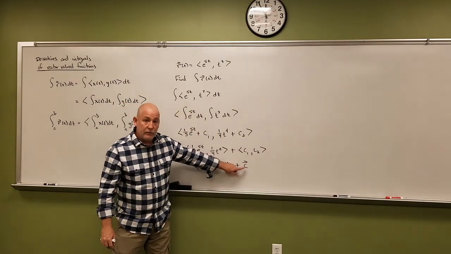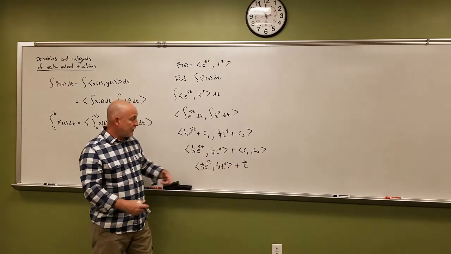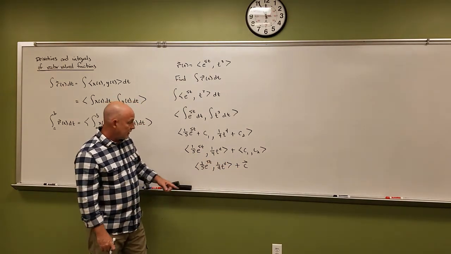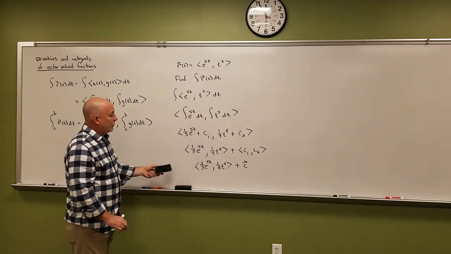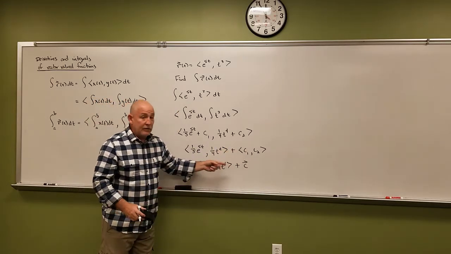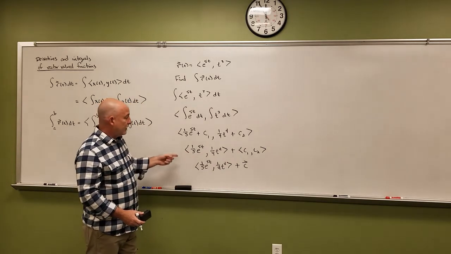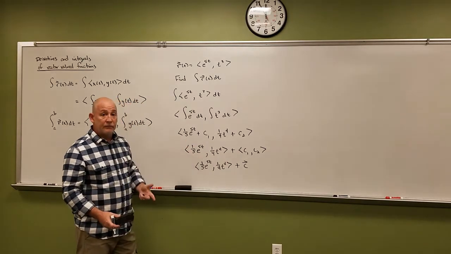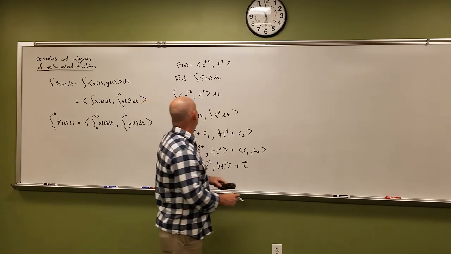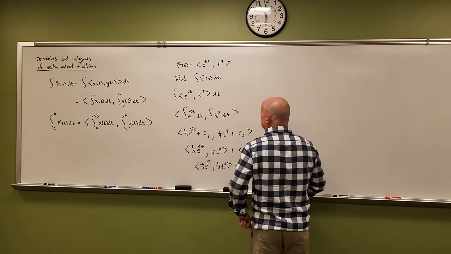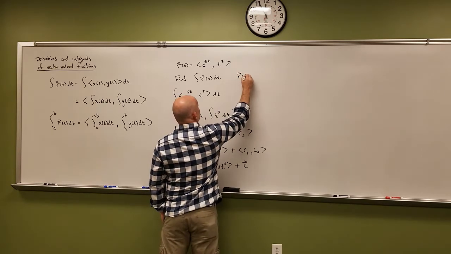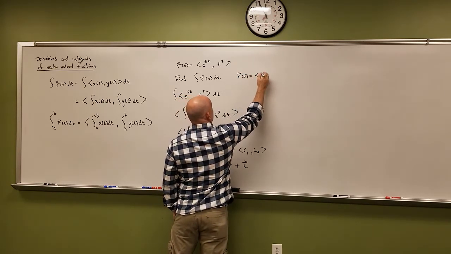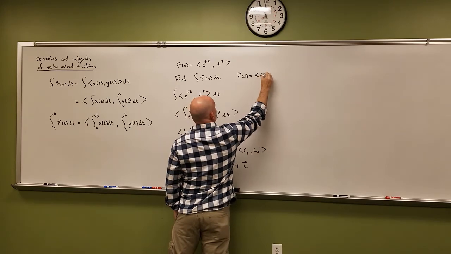The c with the vector symbol on top just means a vector full of arbitrary constants, which you could label any way you wanted. Where the arbitrary constants come into play, like always, is if we wanted to find a specific function, we'd have to know something about the original function. So if I said find r of t here, what if I also told you r of 0 is equal to the vector 2, 7?